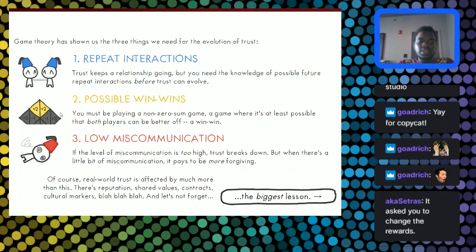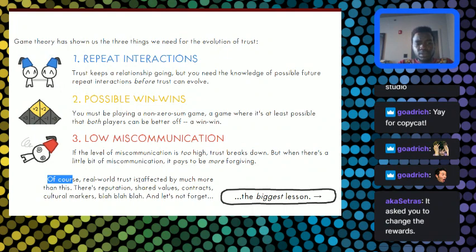Possible win-wins: you must be playing a non-zero-sum game, where it's at least possible that both players can be better off. And low miscommunication: if the level of miscommunication is too high, trust breaks down. But when there is a little bit of miscommunication, it pays to be more forgiving.